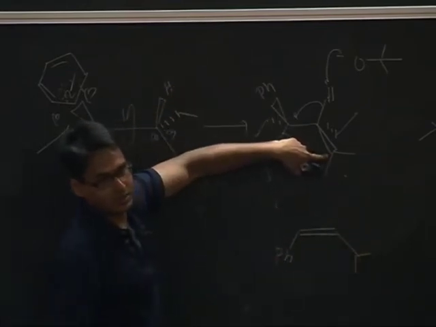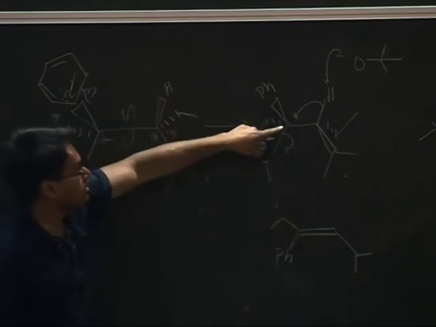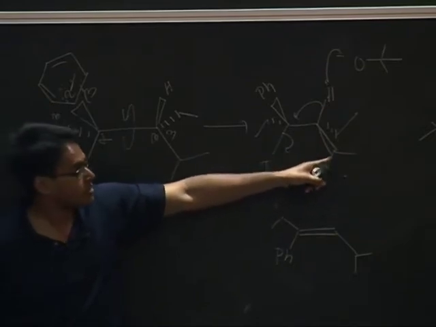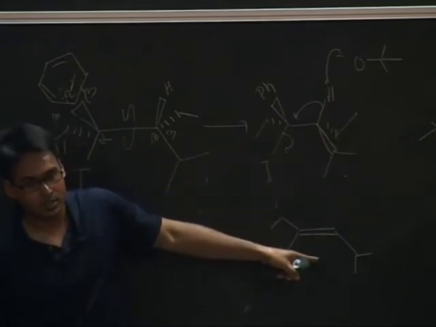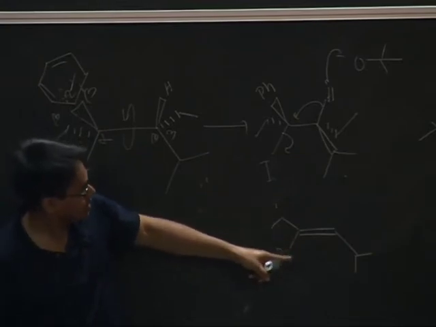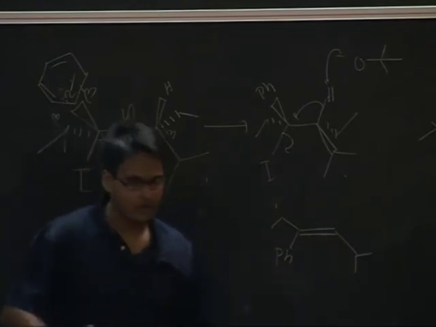And it stays cis in the product. Once you put it in an anti-periplanar arrangement, whichever group was cis will end up cis in the product. Is it okay if we just draw that, but with the leaving group gone and a double bond? Yeah. That will look bad, but it's still all right.